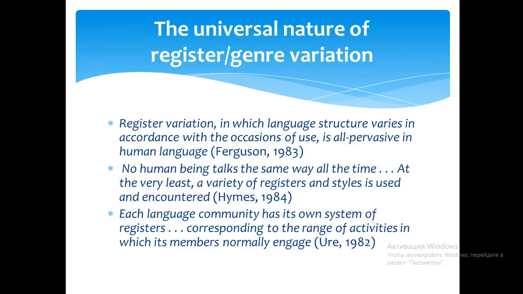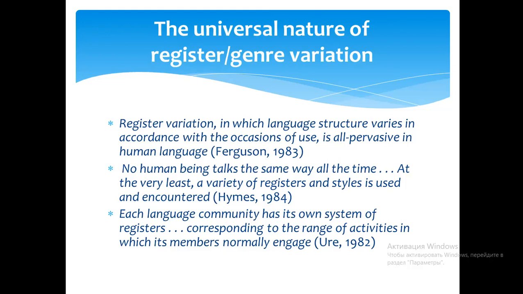Register genre variation as linguistic universal. All cultures use language for different communicative purposes in different situations. Register variation focuses on the pervasive patterns of linguistic variation across such situations in association with functions served by linguistic features.